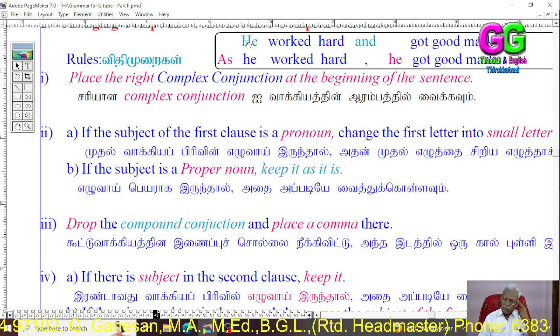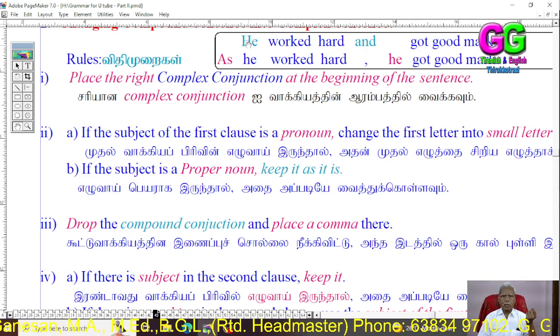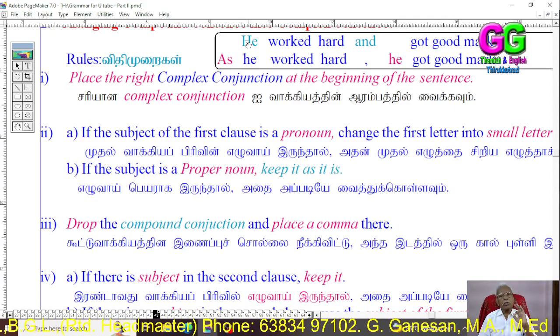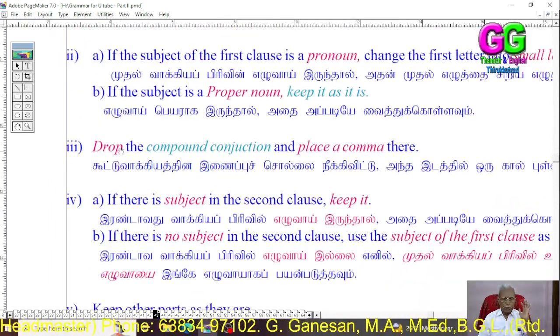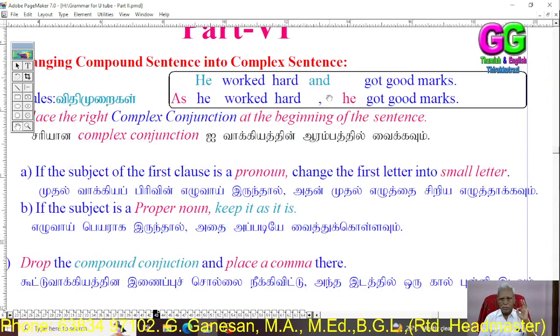If instead of "he" here is a name, then keep the first letter in capital. Rule 3: drop the compound conjunction and place a comma.